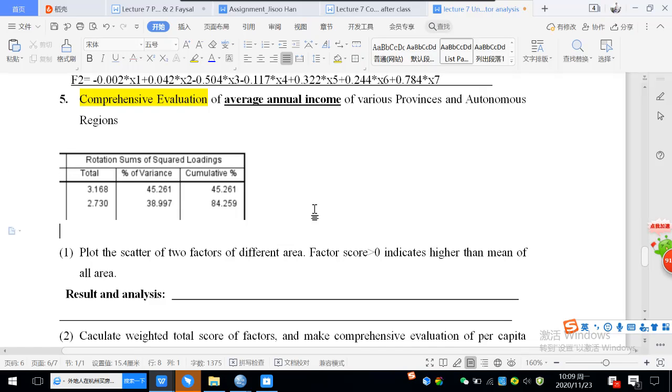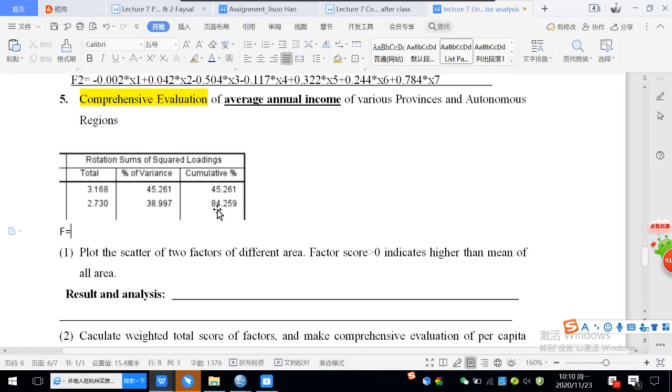Okay, sir. If we use the comprehensive evaluation, then we will use F. Look at here. F1 includes 45.261% of variance. F2 includes 38.997% of variance.